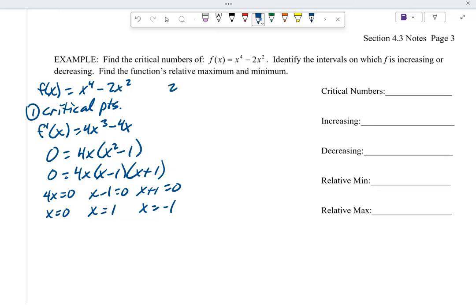So number 2, let's do this first derivative test. I'm going to do the intervals, because I don't know what this graph looks like right now. So negative 1, 0, and 1. Let me do this down here and make a little bit more room.